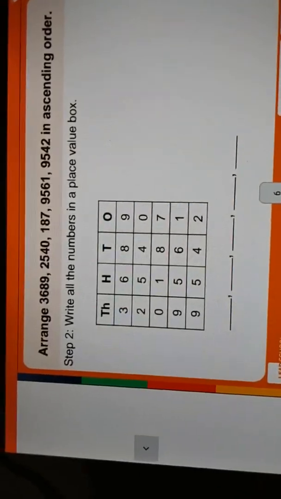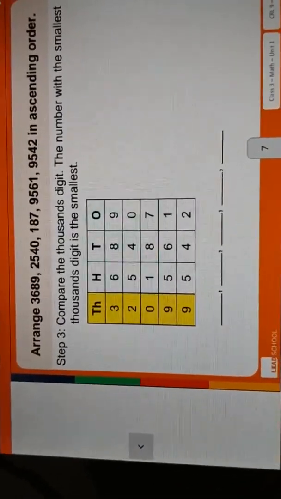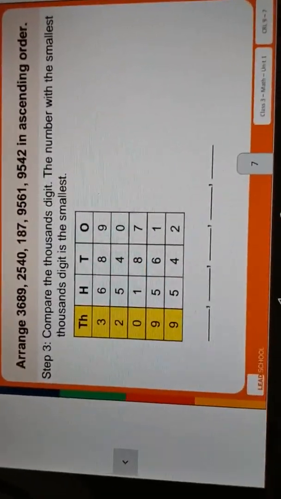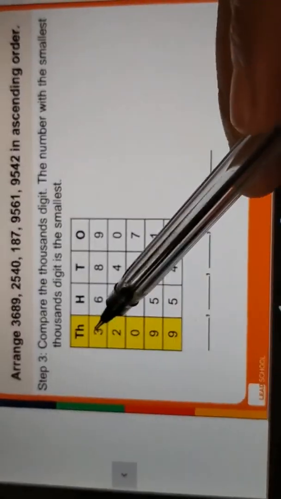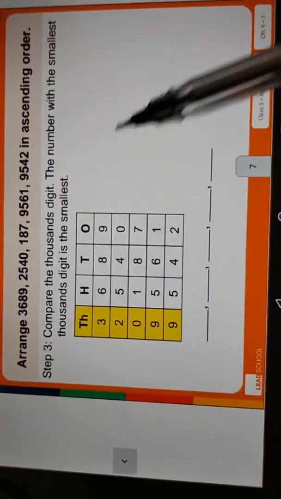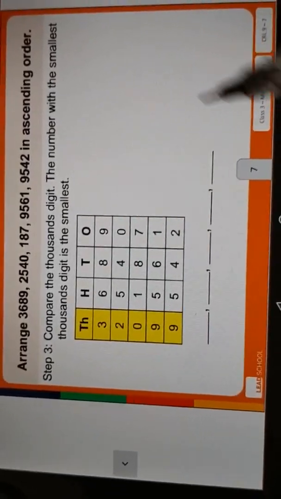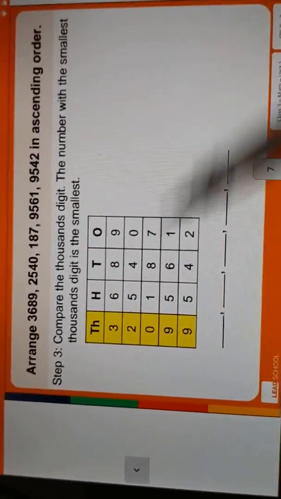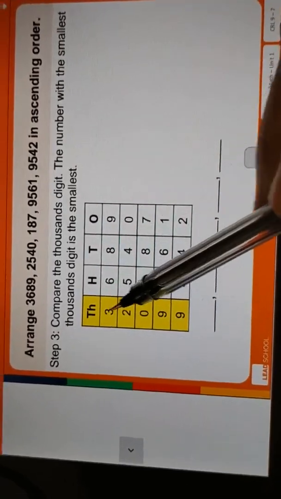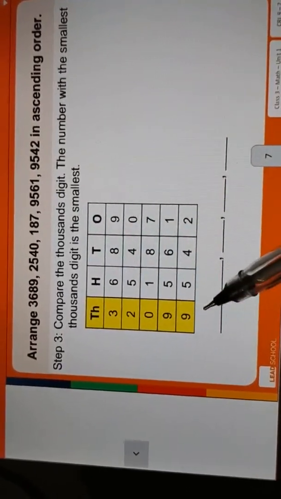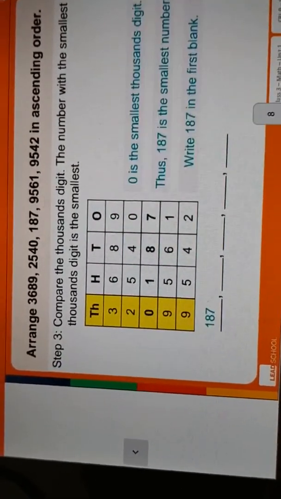Got it? And then compare the 1000 digit. First of all, we have to compare the 1000 digit. The number with the smallest 1000 digit is the smallest number. In that, 3, 2, 0, 9 and 9, the smallest is 0.